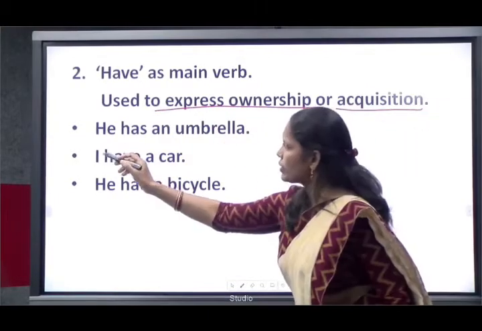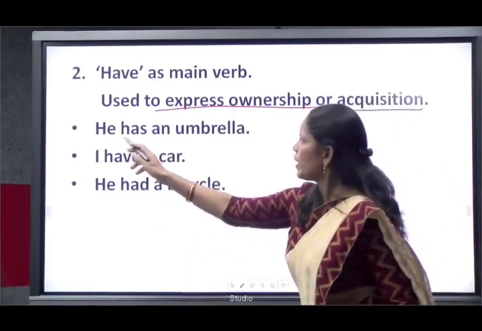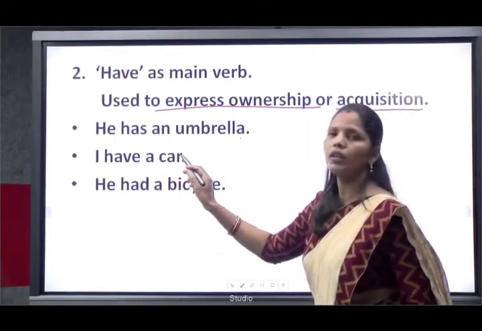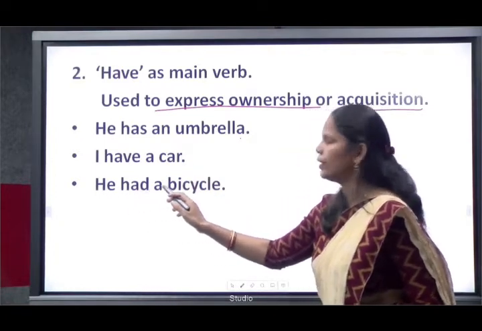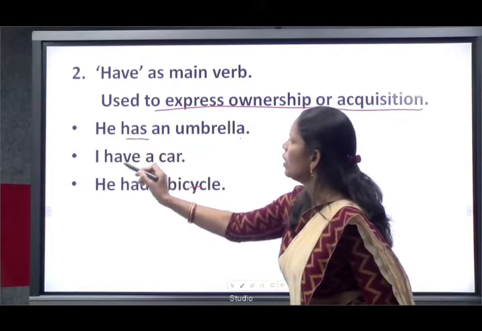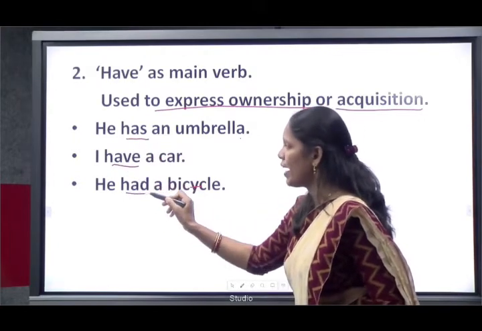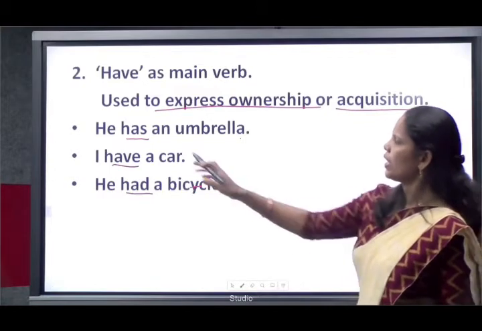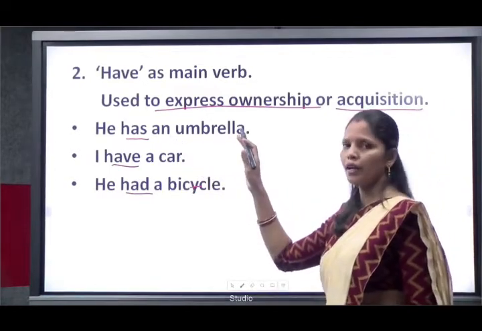So let's see the examples. He has an umbrella. I have a car. He had a bicycle. So here has, have and had are used as main verbs. This means he has an umbrella.